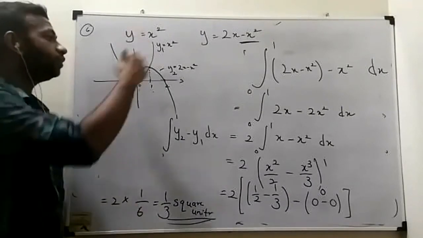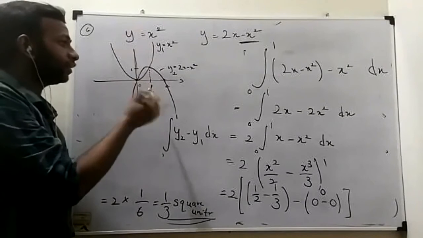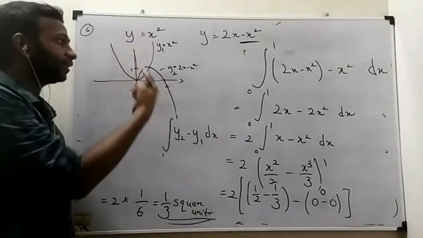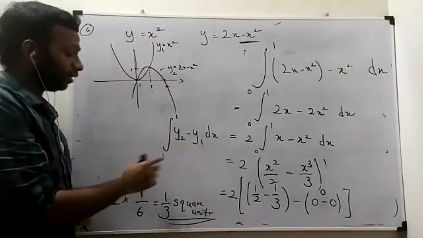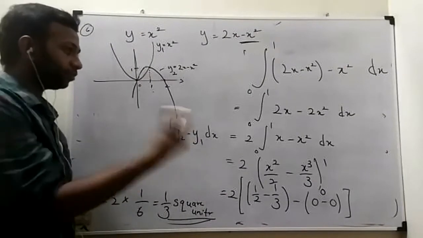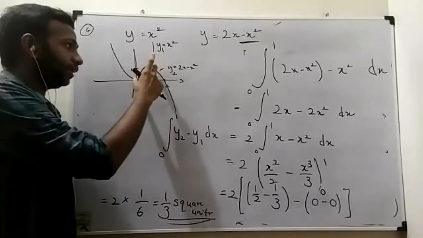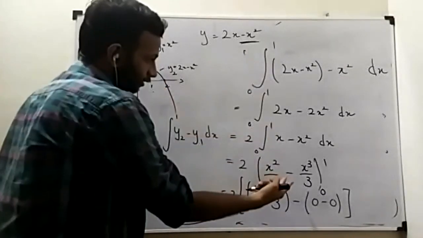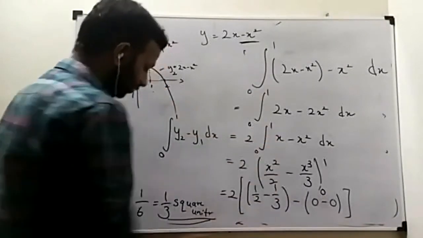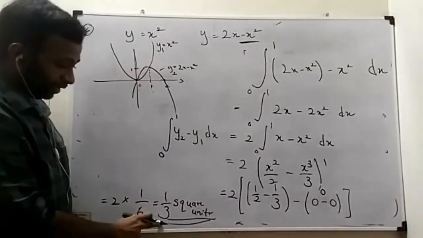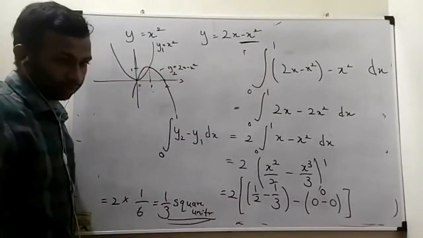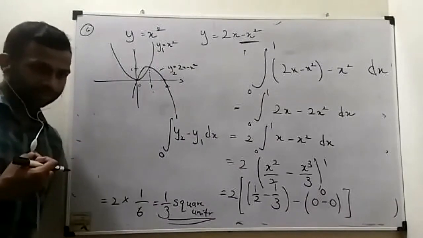We drew both the curves and the area enclosed. We took the top curve and subtracted the bottom curve, and we integrated because we want the summation from 0 to 1, between these two points. When we substituted and simplified, the final answer is 1 over 3 square units. If you're clear, you can just unmute and say it is clear or something.